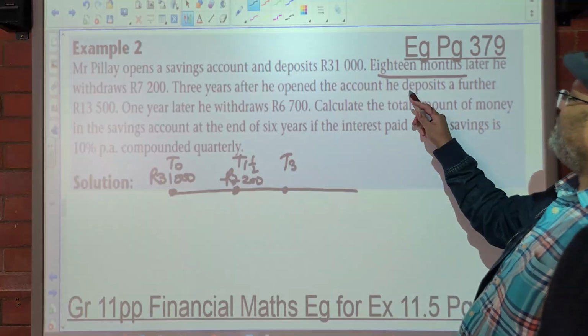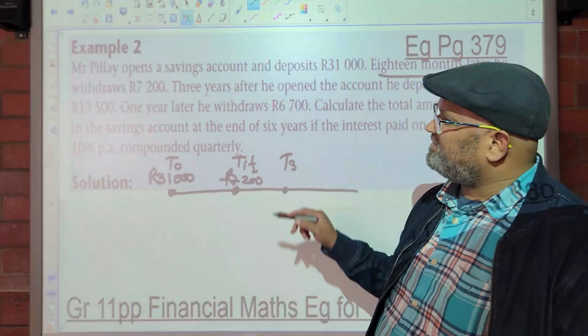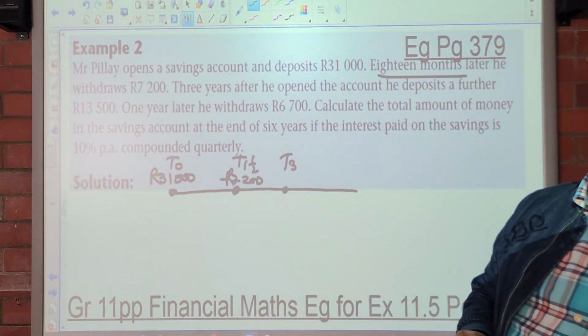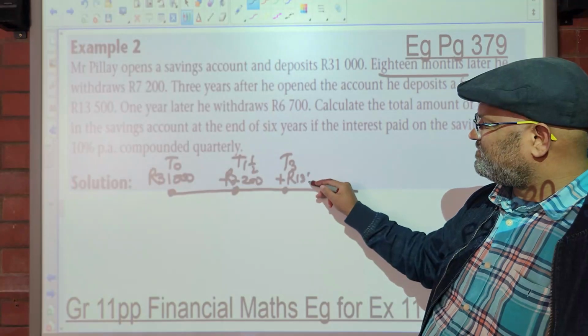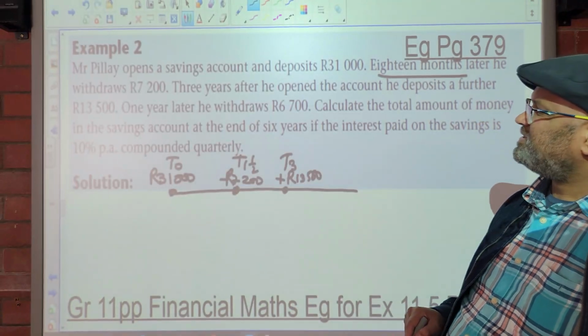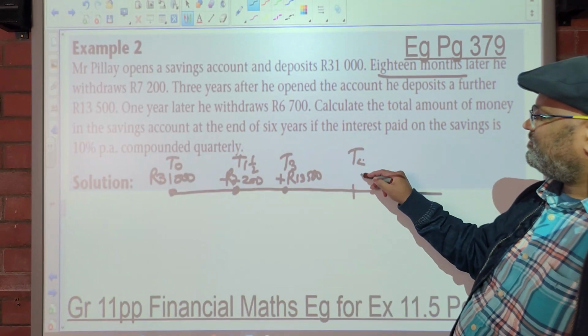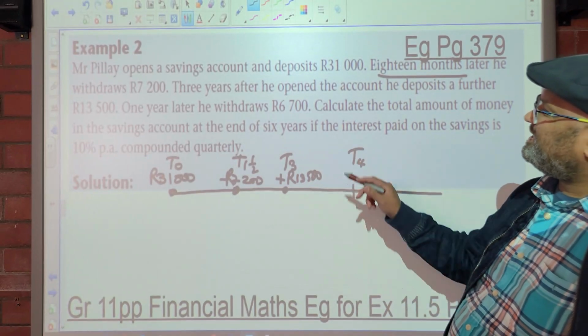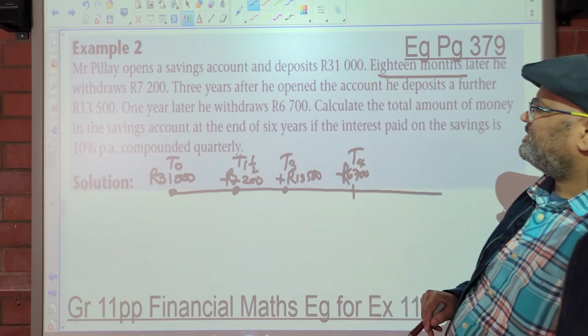3 years after he opened the account, he deposits a further 13,500, so that would be plus 13,500. 1 year later, so that takes you to T4, he withdraws 6,700.